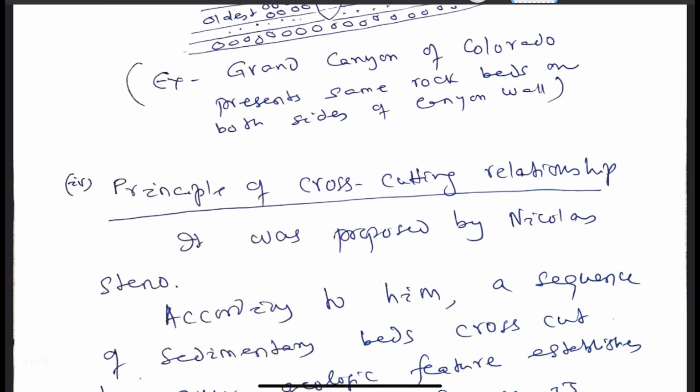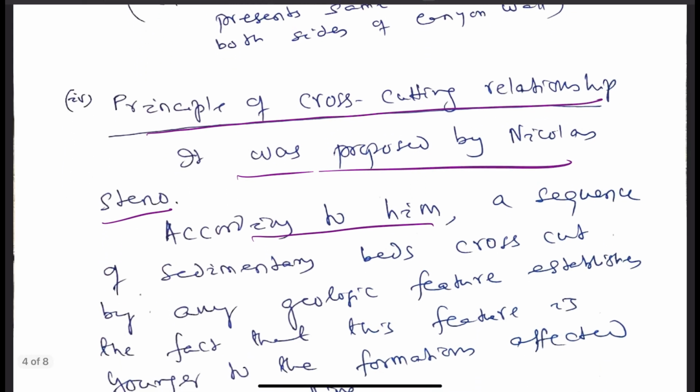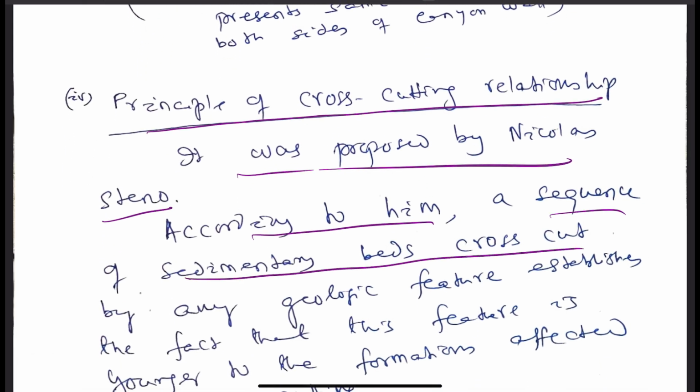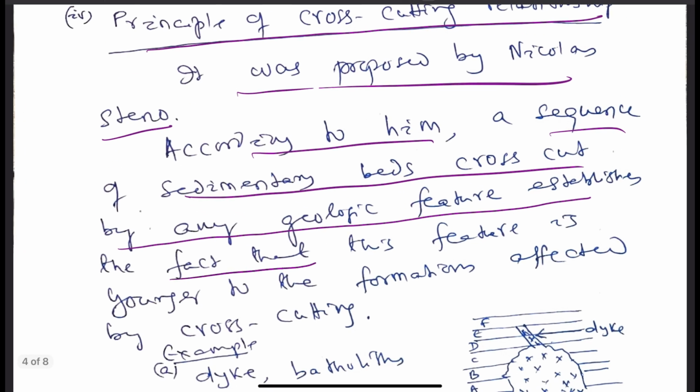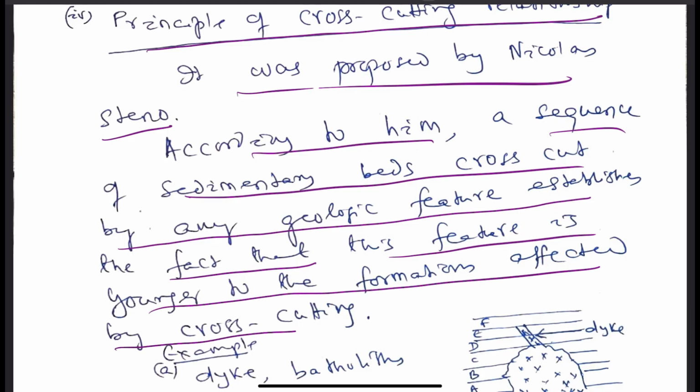Then, the principle of cross-cutting relationship. It was proposed by Nicholas Steno also. According to him, a sequence of sedimentary beds cross-cut by any other geologic feature establishes the fact that this feature is younger than the formation affected by cross-cutting.